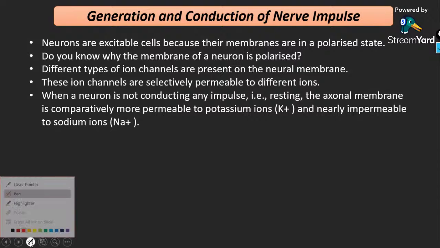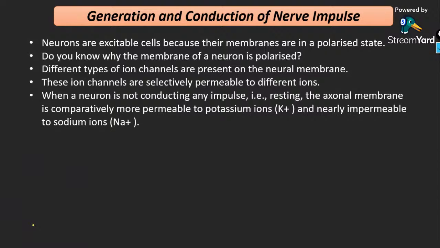In the last class we have been learning about neurons. What are neurons? They are the structural and functional unit of the nervous system. They are specialized cells which help in the conduction of the nerve impulse. You have to learn that neurons are excitable cells because their membranes are in a polarized state, that is, there is a change in the potential, that is, ions will move.